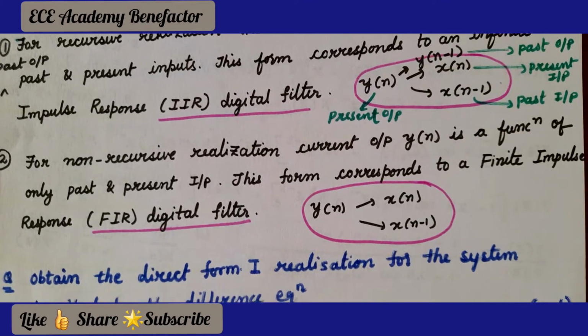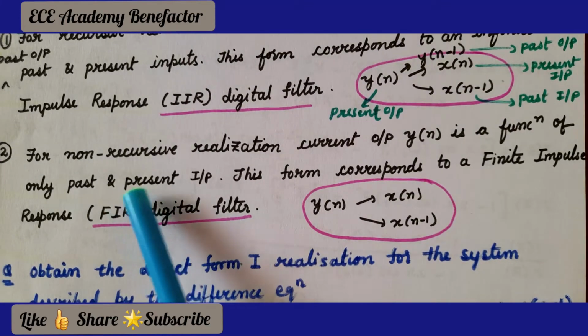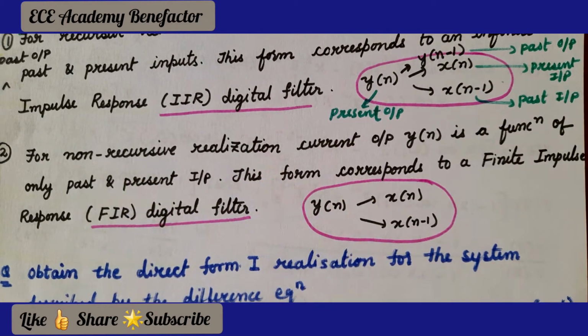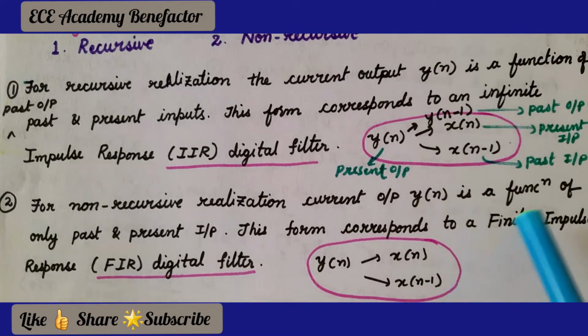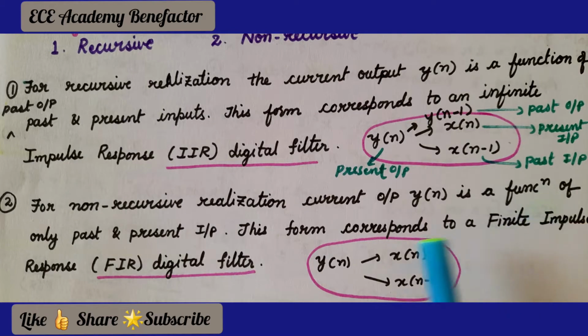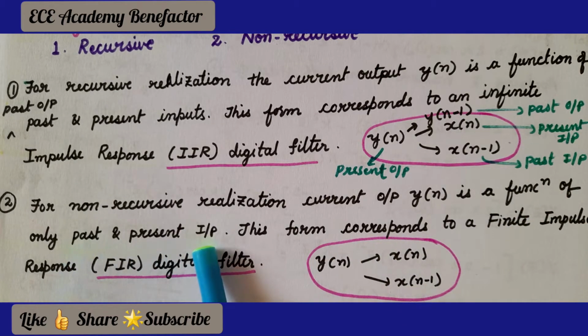Coming to non-recursive realization, the current output y of n is a function of only past and present input. This form corresponds to a finite impulse response digital filter.